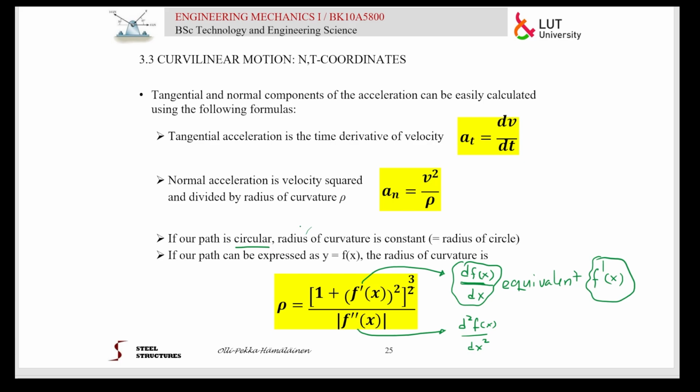But this has some consequences, in the sense that if I wanted to know the radius of curvature of a curvilinear path like this one, I need to know the path. If I don't know the path, then I cannot calculate this, making everything more complex.